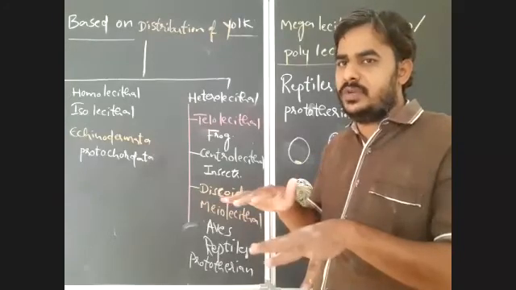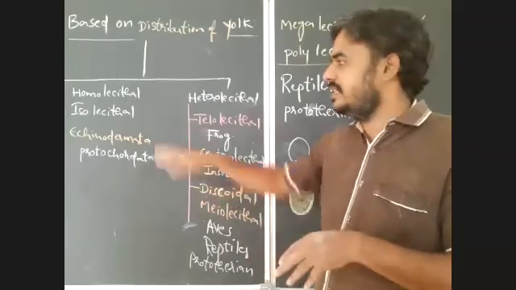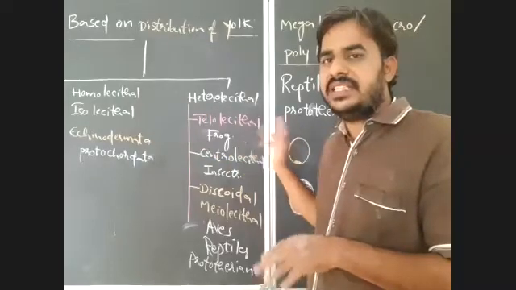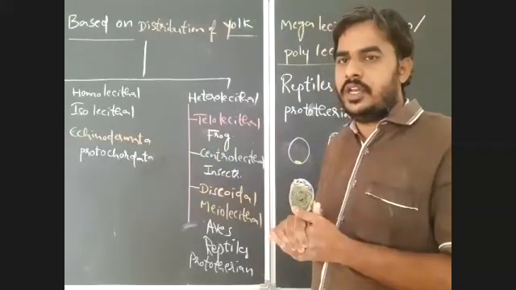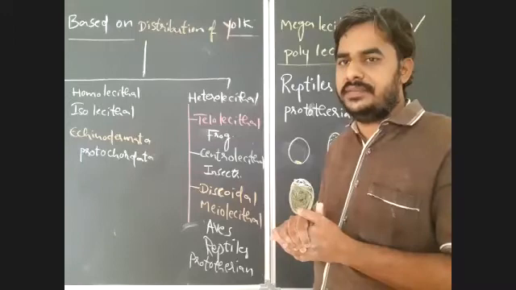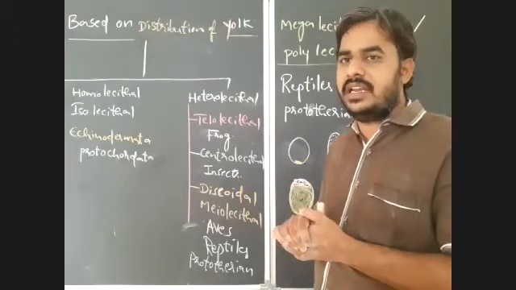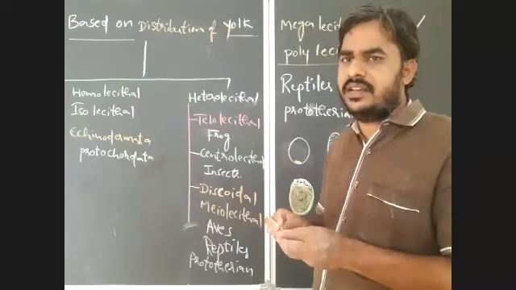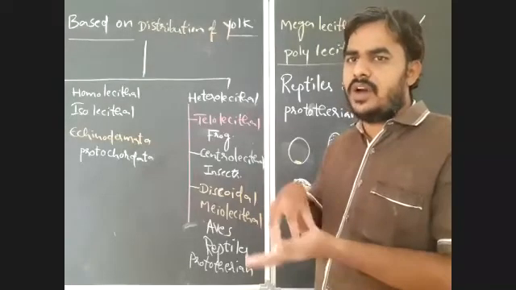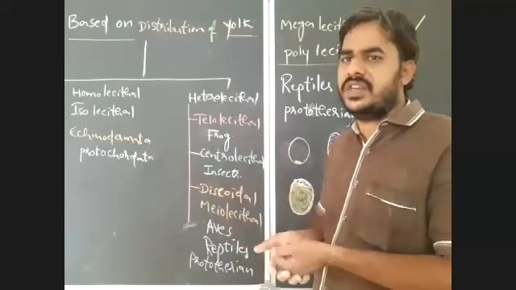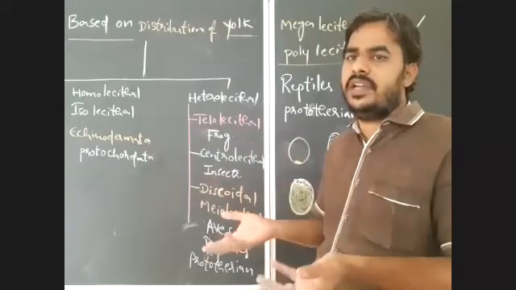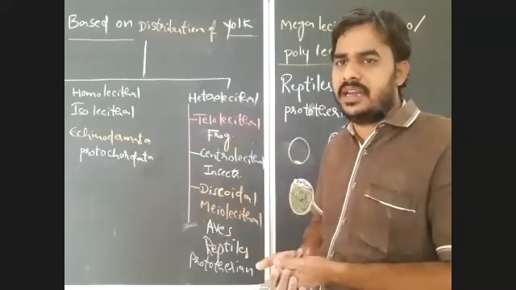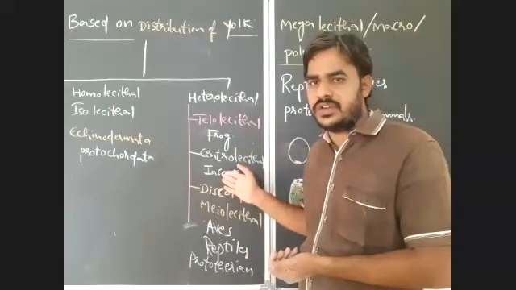But in heterolecithal eggs, the yolk is unevenly distributed. In some regions of the egg there is accumulation of more yolk, whereas in other regions there is no yolk or very little yolk, that you have to notice.